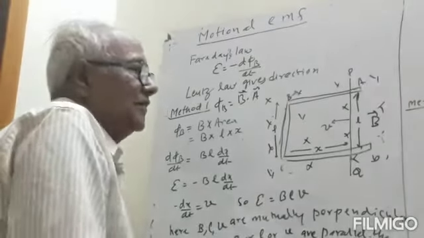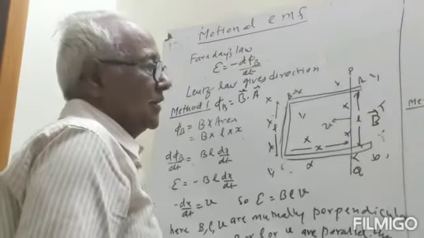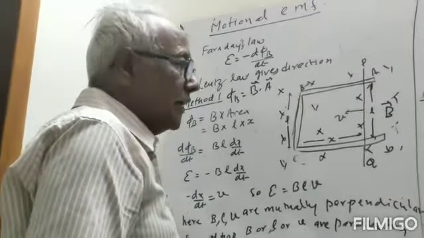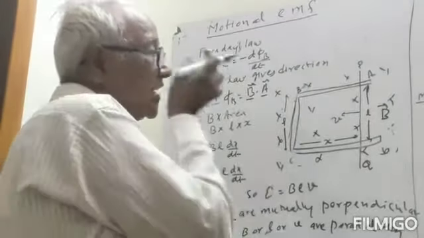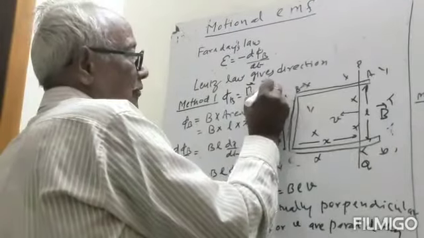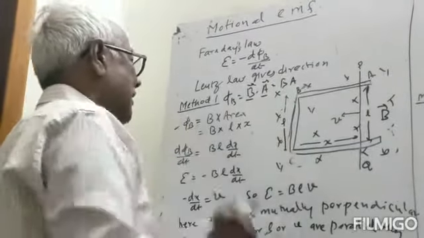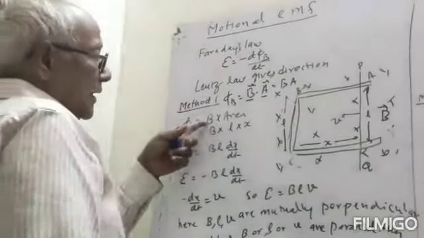A is the area vector. Area is a scalar quantity, but the area vector is a vector quantity. Its direction is perpendicular to the area. So, here B and A are in the same direction, so it will be equal to B into A. So, magnetic flux phi B will be equal to B into area.